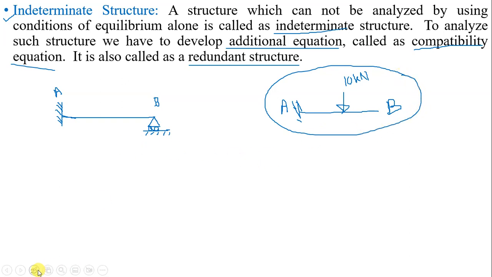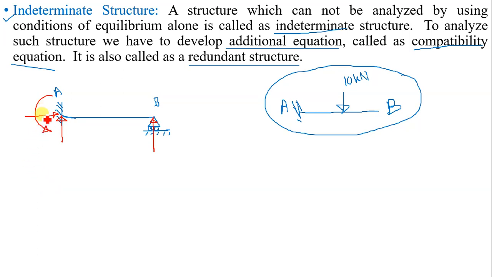But in this case, what will happen? Now if you draw the free body diagram, first reaction, second, since this is a fixed support, M and V. So how many reactions are there? There are 4 reactions.